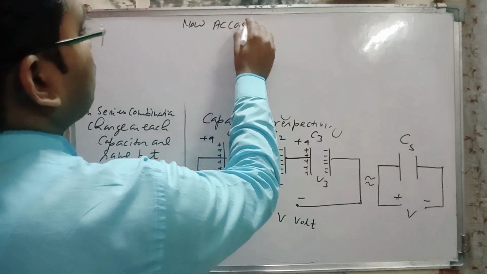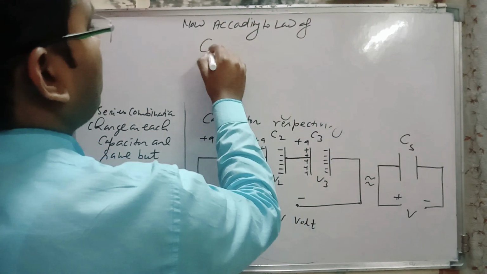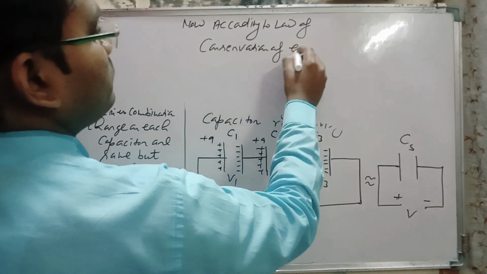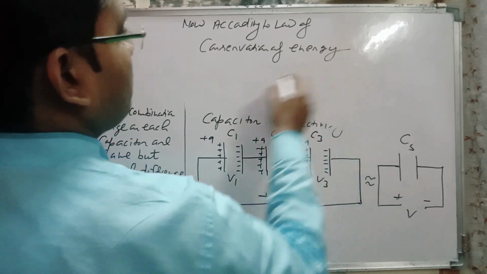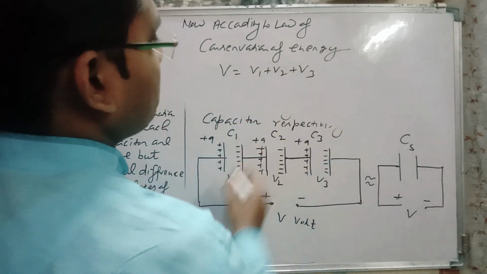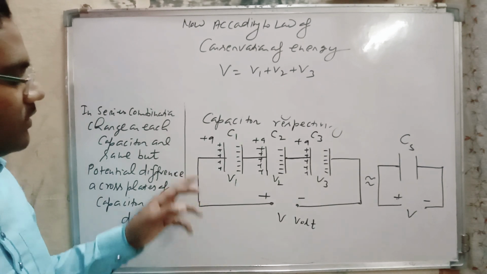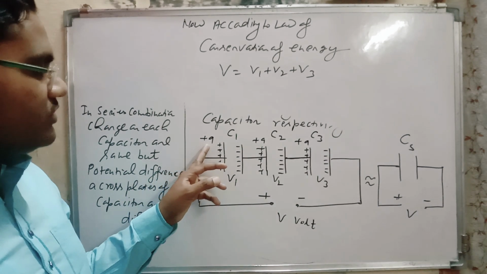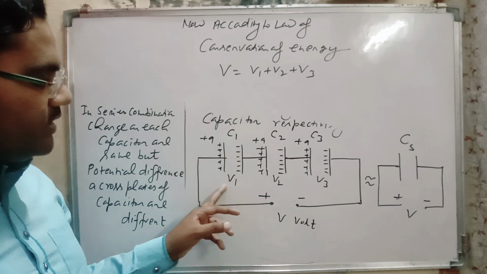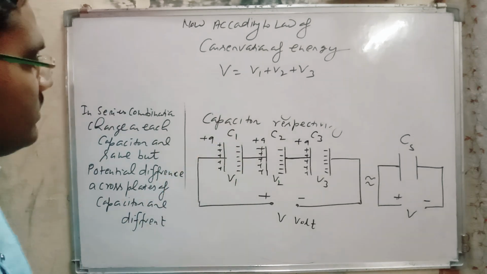Now according to the law of conservation of energy, V is equal to V1 plus V2 plus V3. At the first capacitor, charge is plus Q, capacitance is C1, and the potential difference between the plates is V1. Then Q is equal to C1V1.